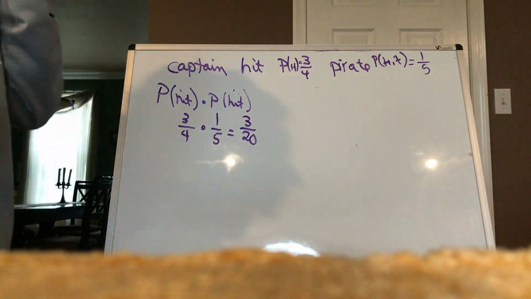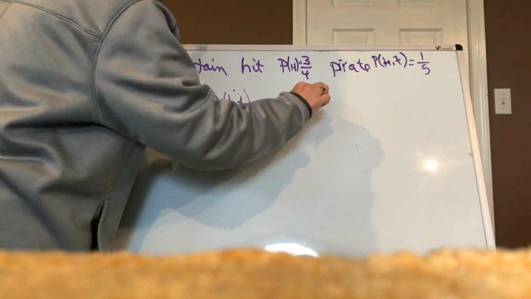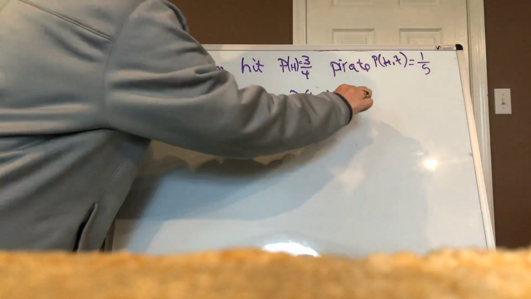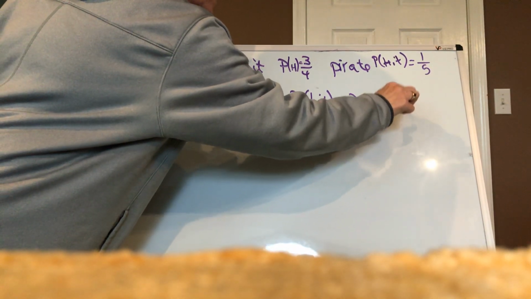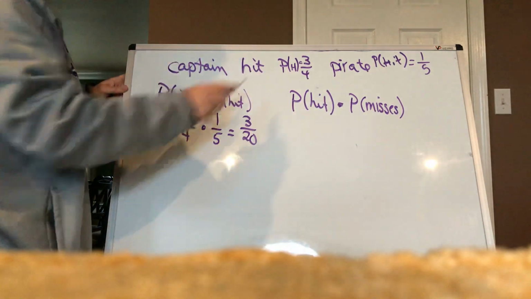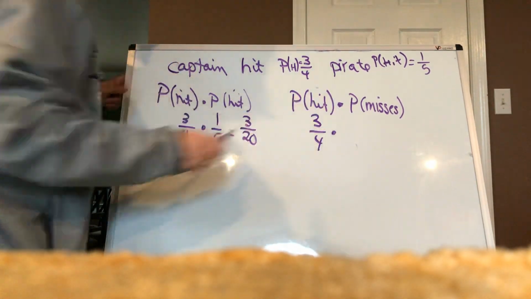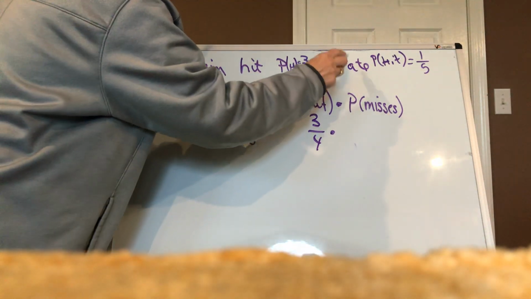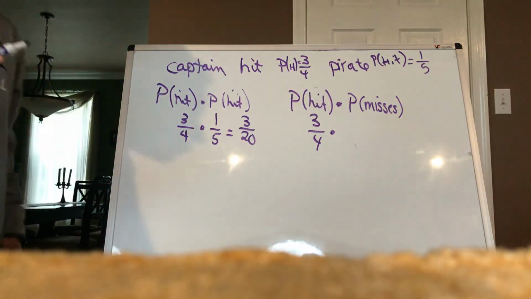Now, if I change the problem and I said, what is the probability that the captain hits and the pirate misses? Okay, so the captain is hitting. They gave us probability of hitting, that's 3/4 times. Now, here's the part that is messing kids up. They told us that the probability the pirate hit is 1 out of 5. Well, think about that.